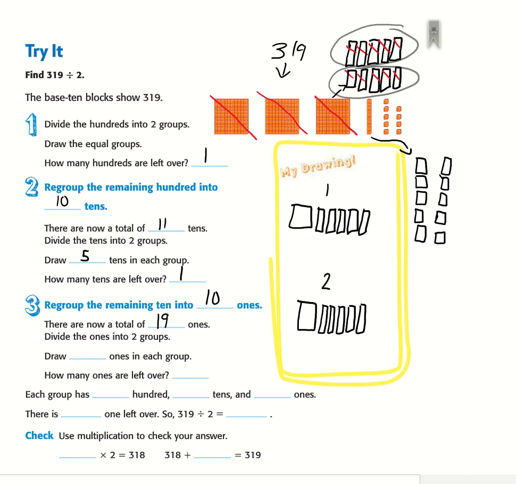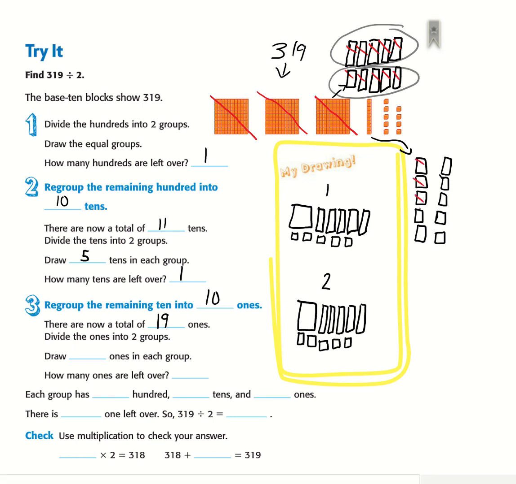Divide the ones into two groups. So I have to do 19. So 1, 2, 3, 4, 5, 6, 7, 8, 9, 10.